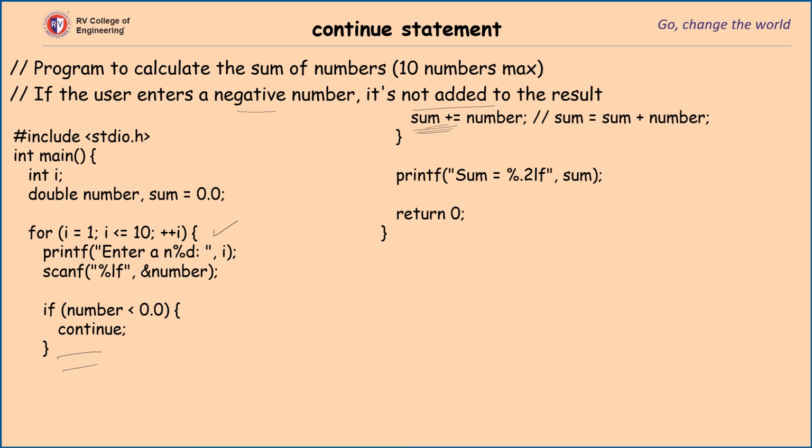You just have this one statement. This will not be executed. You go back and increment the value of i, read another number, and check if it is less than 0 or greater than 0. If it is greater than 0, execute this statement, otherwise simply continue and read the next number.